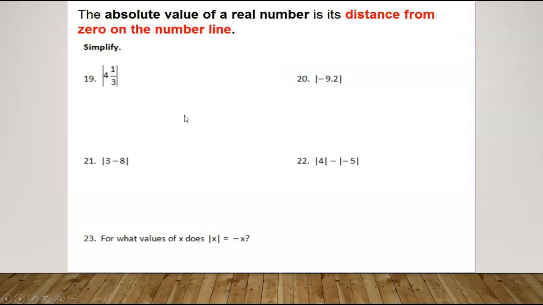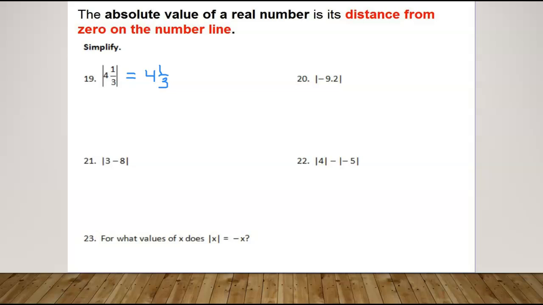All right, so the absolute value of a real number is its distance from 0 on the number line. The absolute value of 4 1/3 is 4 1/3, because it is the exact distance to the right as it is normally.